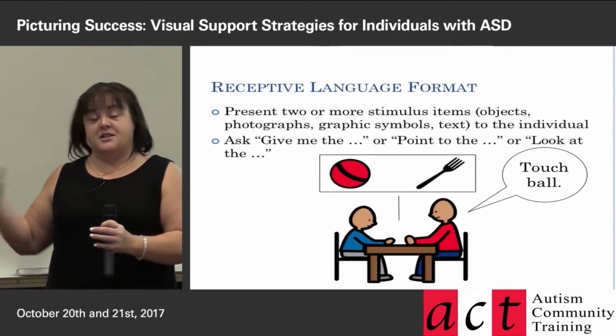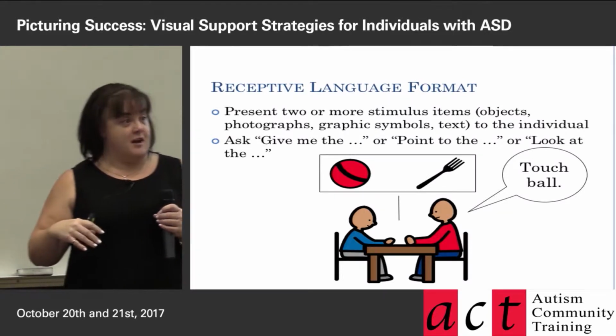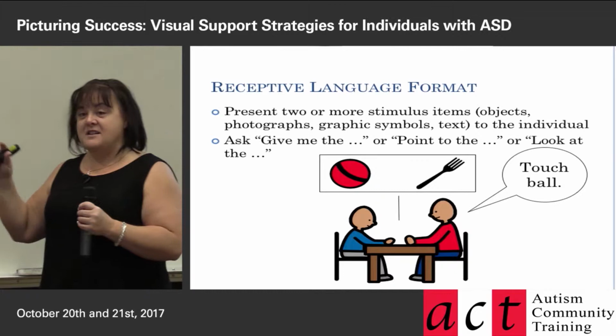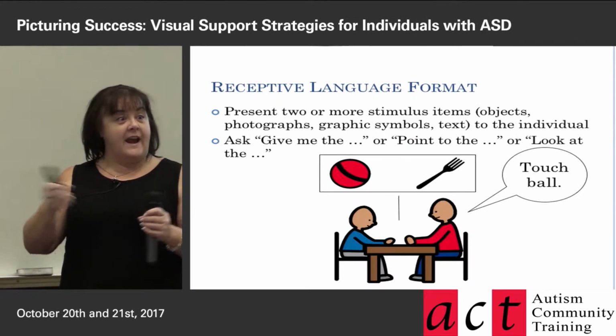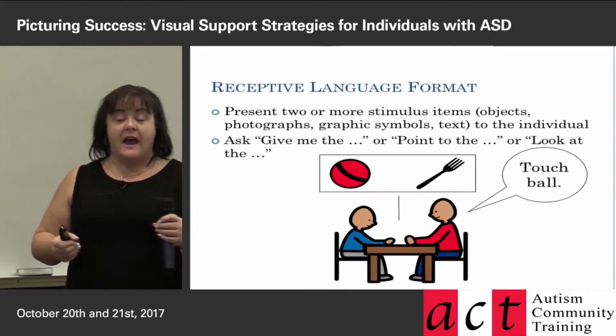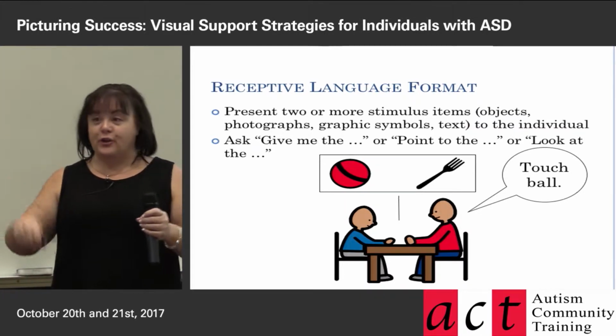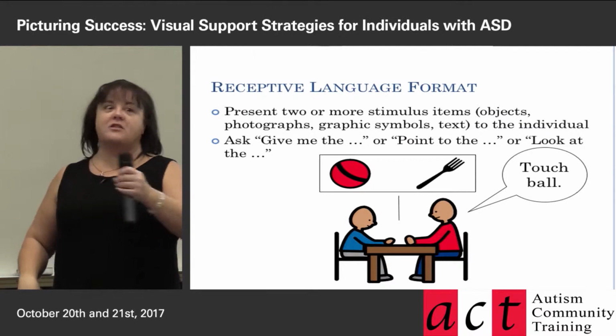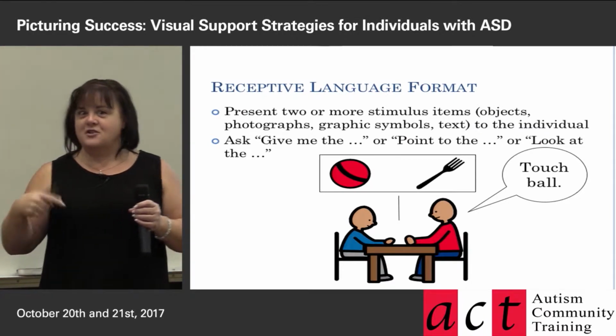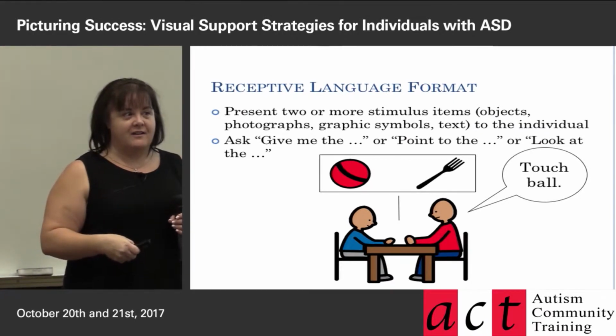That's it. You test all of the different items in random order, over and over again in different pairs. One time you might have the ball paired with a fork, then the ball paired with a balloon, and then the balloon paired with the washcloth. You do it a few times to make sure they understand.